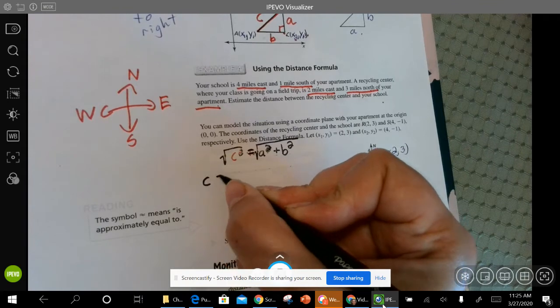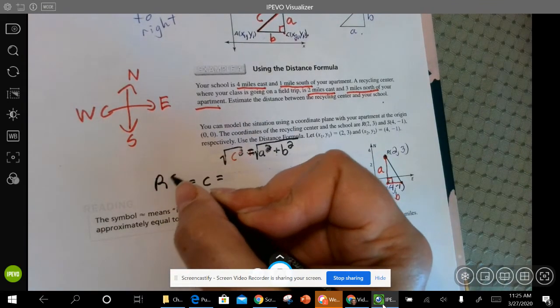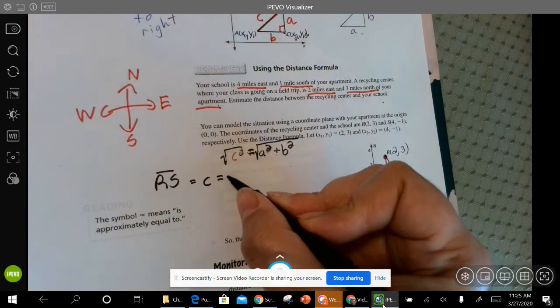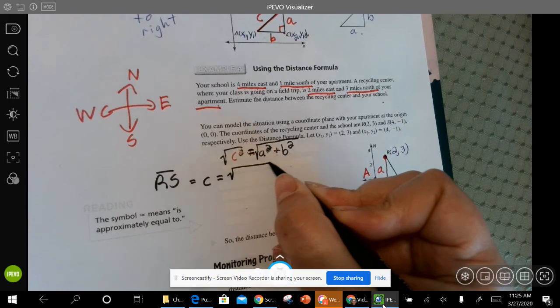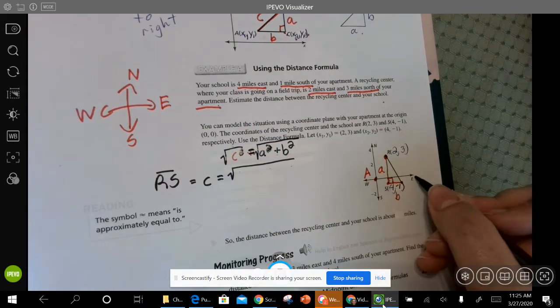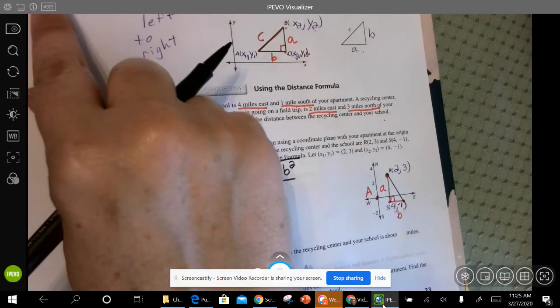So we're going to have C is equal to, or the distance between the recycling center and your school, it's going to be our C value. And then we're going to substitute those all in. Remember we go left to right. So everybody remember when we're doing this that you do it left to right.